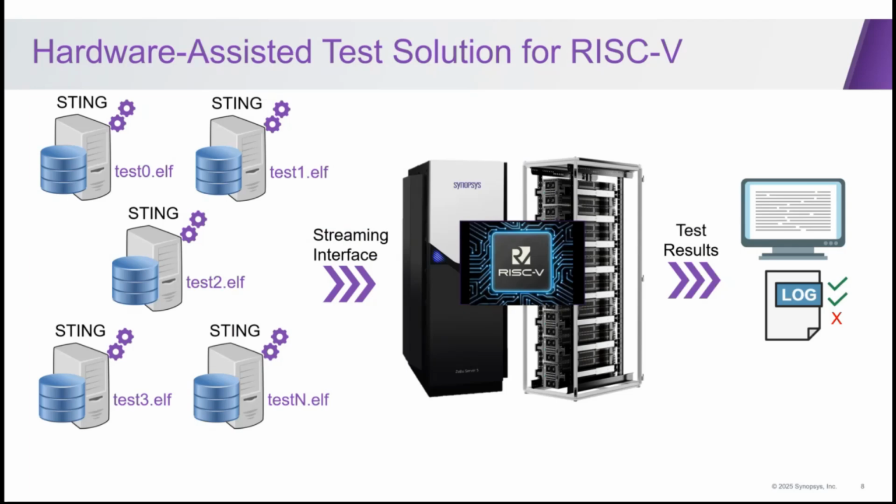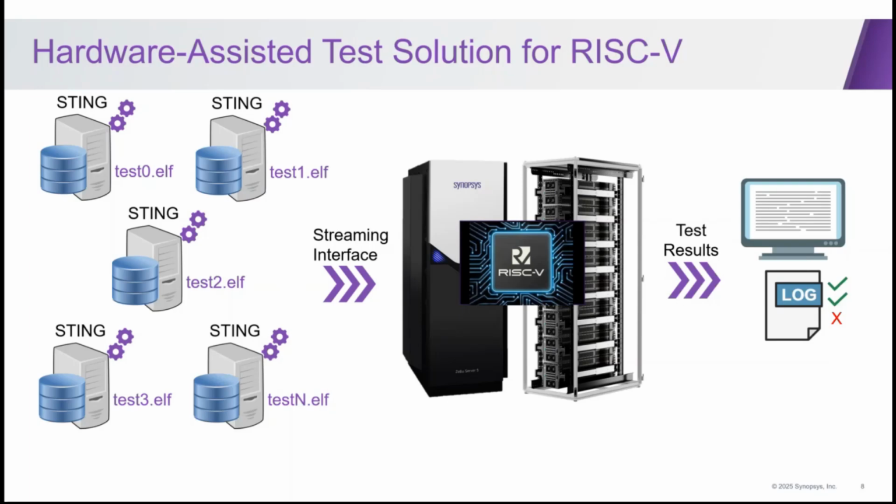Here is how it works. This is Sting. Sting has a feature called Sting Regression Management. It will generate many tests. And you can run SRM, Sting Regression Management, on a computing farm, 4, 5, 6, 8, as many as you want.